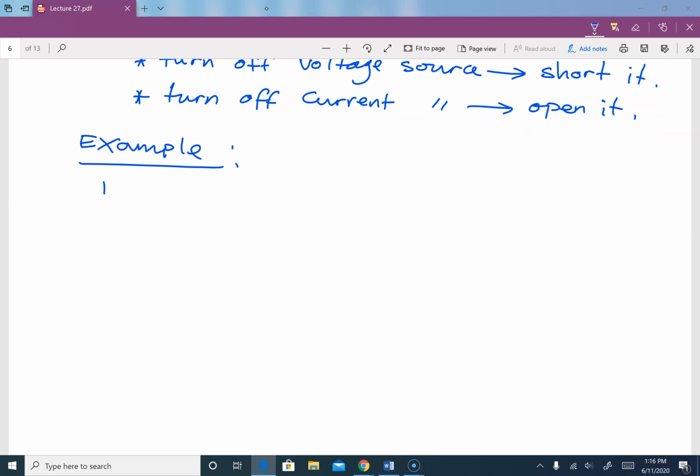Suppose that we would like to find I naught in the circuit using superposition.